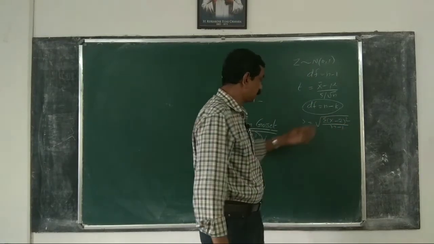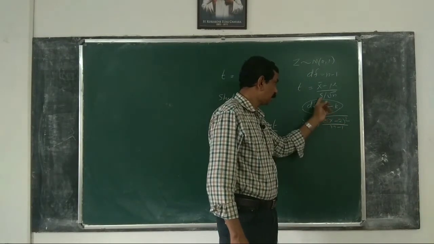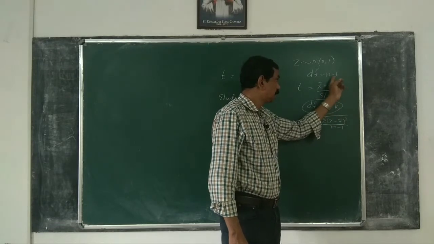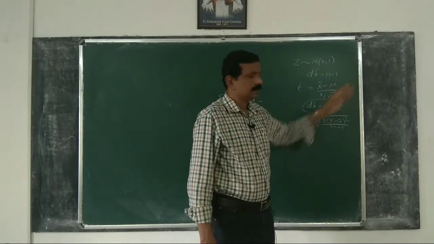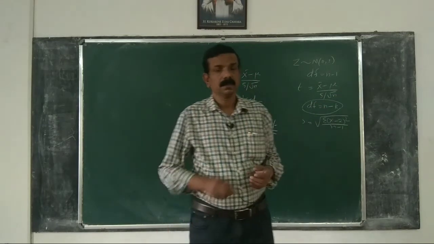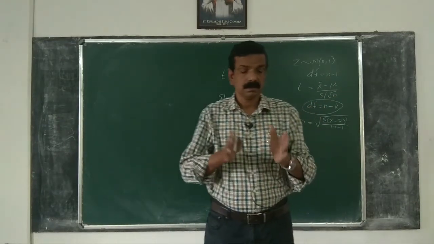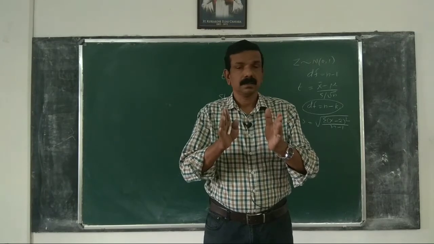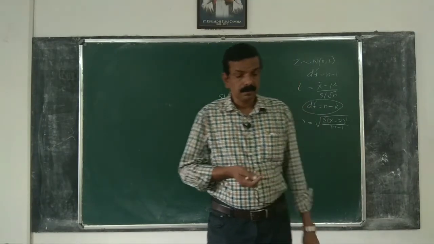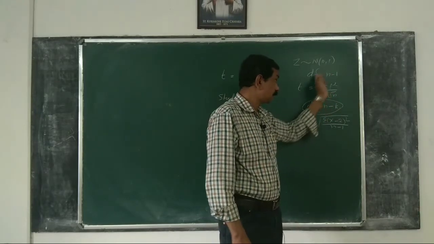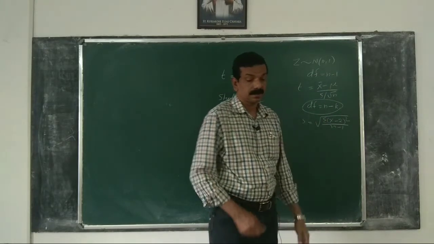Since x bar is already calculated, we have n minus 1 degrees of freedom here. We will consider cases with different degrees of freedom when we consider regression analysis and the like. Now, the studentized version has n minus 1 degrees of freedom.